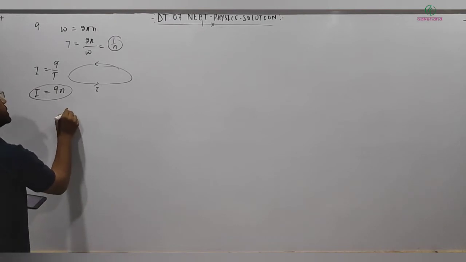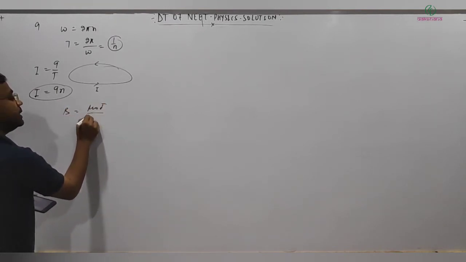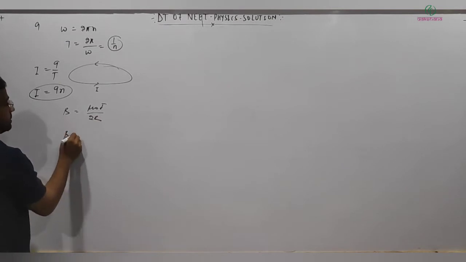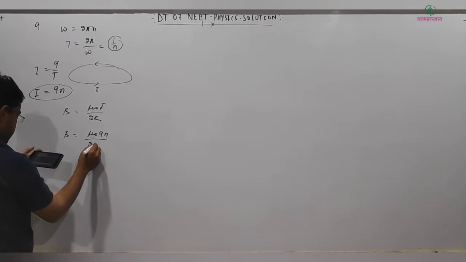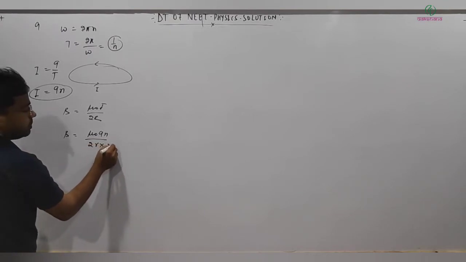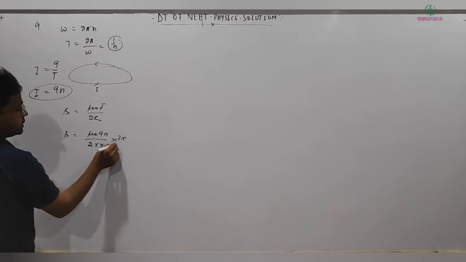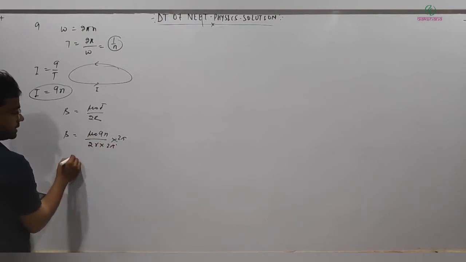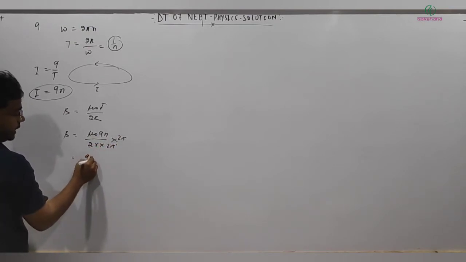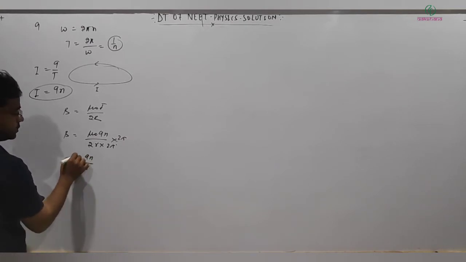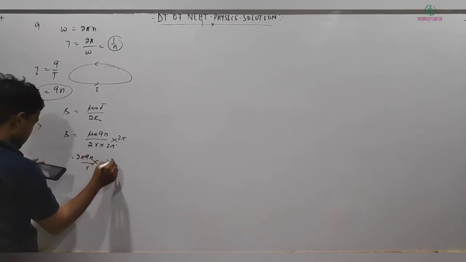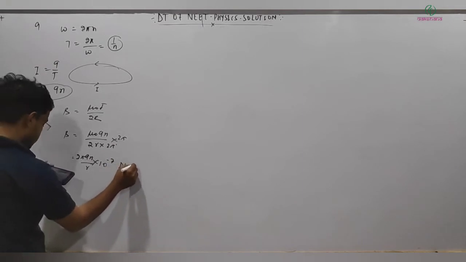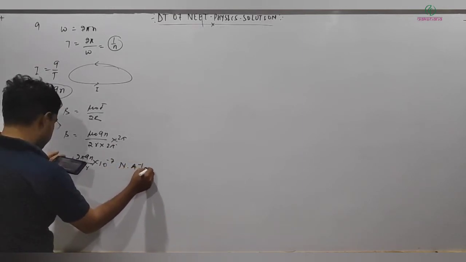B is given by mu naught into I divided by 2R. So B comes out to be mu naught into Q N divided by 2R, which is mu naught by 4 pi into 2 pi Q N by R, with mu naught by 4 pi equal to 10 raised to power minus 7 newton ampere inverse meter inverse.